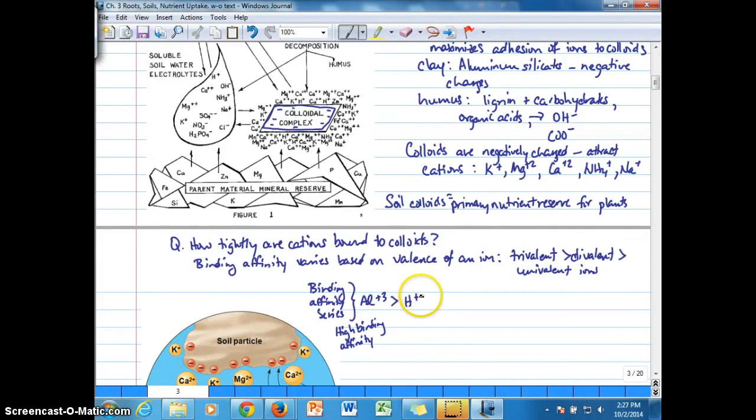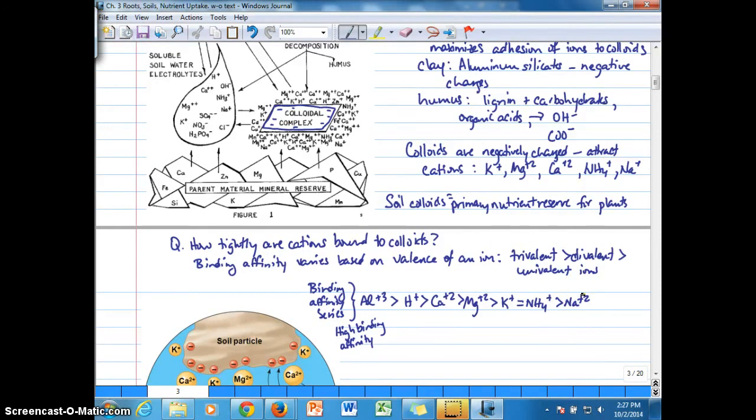It has a different sort of effect here, but anyway, it has a high binding affinity. But then we go back to our valence series, where the next highest binding affinity ion is calcium, which binds more tightly than magnesium, which then binds more tightly than our monovalent ion potassium. And that binds very similarly to ammonium, which is more tightly held than sodium.